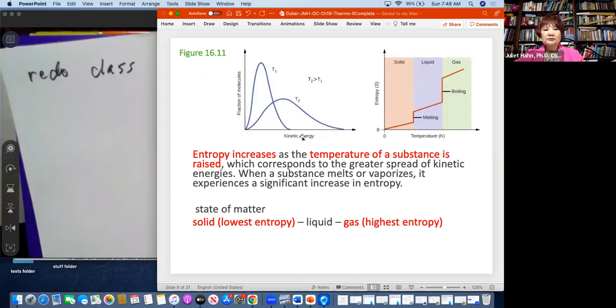This shows the percentage or the fraction of molecules at a given temperature, and this shows kinetic energy. So if you increase the temperature, so this is temperature 1, this is temperature 2, where temperature 2 is higher than temperature 1.